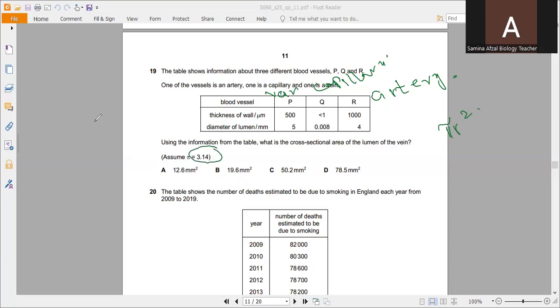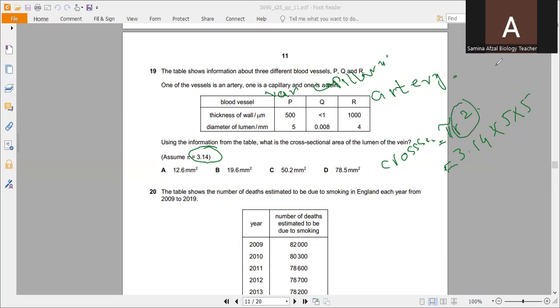They have given the value of pi, 3.14, and we calculate with the help of a calculator.